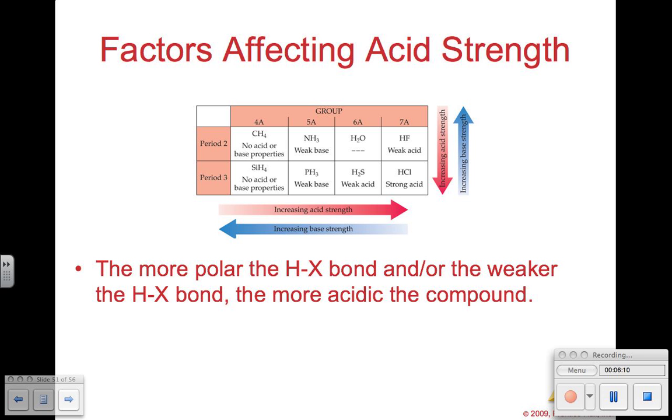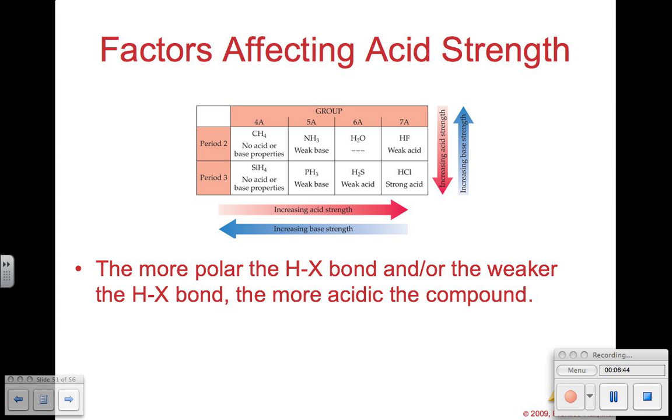So the more polar the HX bond or the weaker the HX bond, the more acidic the compound is. As you can see, going up a column, you're going to increase the base strength, and going down a column, you're going to increase the acid strength of those HX bonds. Going from left to right, you're increasing in acid strength, and going from right to left, you're going to increase in base strength.